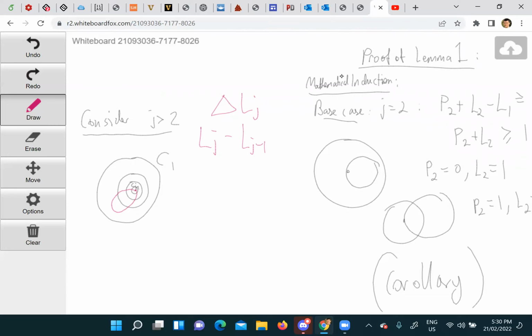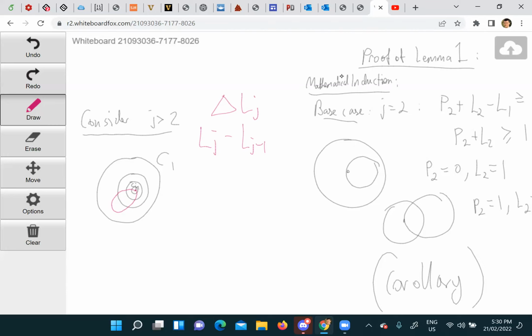You're saying Lj plus Pj is equal to L? I don't think that can be true, because you can just not gain any points at all. If you lose all the points, then Pj equals j minus 1, and then Lj equals 0.